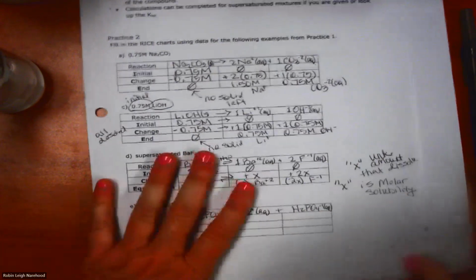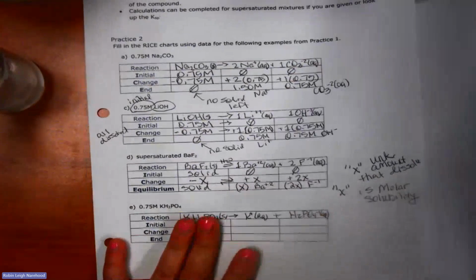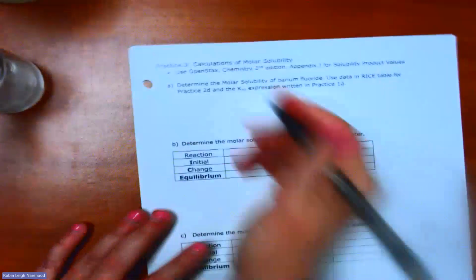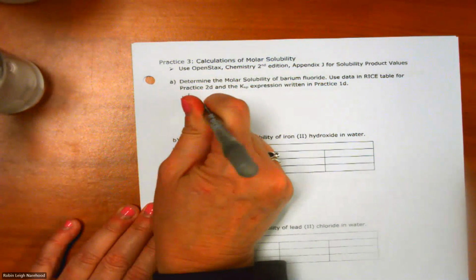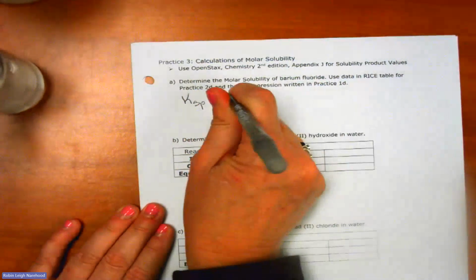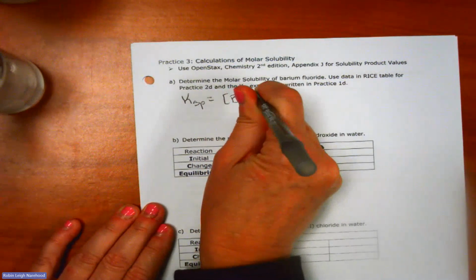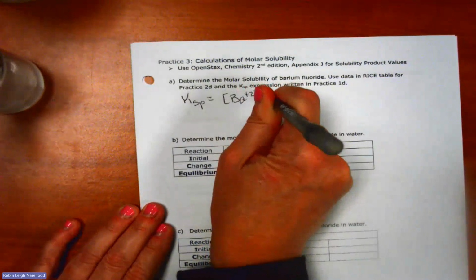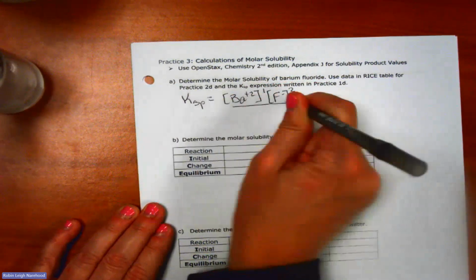Okay. So at equilibrium, we have X amount of barium ions and 2X fluoride. So if we go back to our first page and we write our KSP expression, which was KSP equals barium ions to the first times fluoride concentration squared over 1.